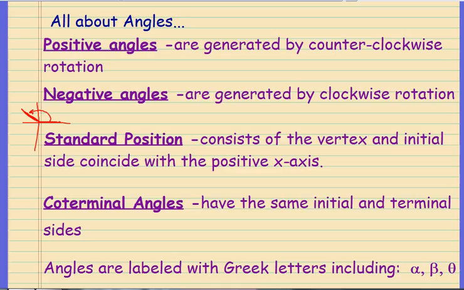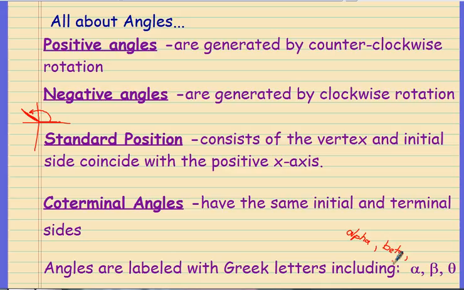It says angles are labeled with Greek letters, including, does anybody know those Greek letters? See if you're ready for sororities here. What's the last one? The first one is called alpha. Second one is called beta.